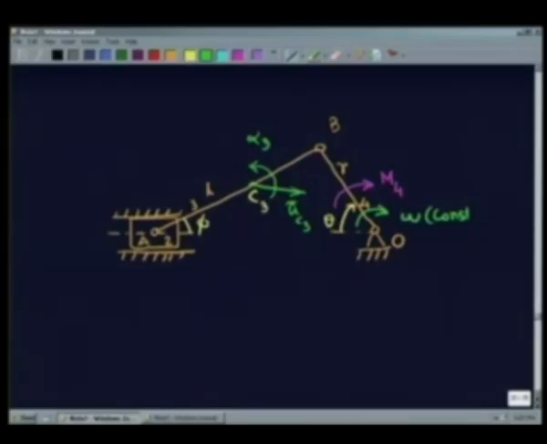Next, we consider only the link which we have to analyze. And we calculate the inertia force, Fi, which is nothing but minus M3 into AC3.